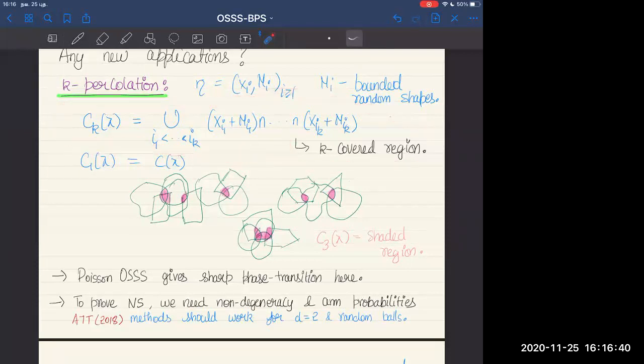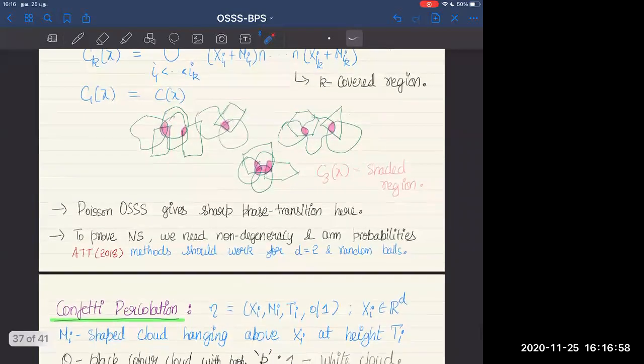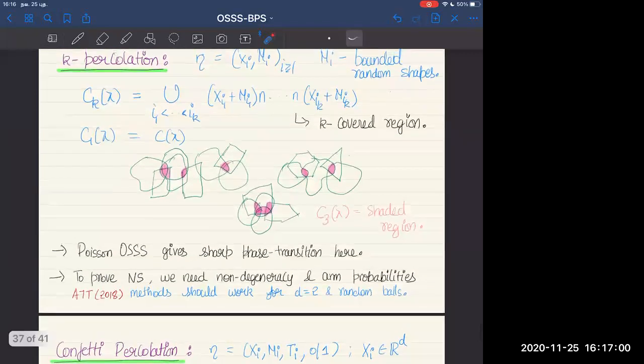Here, look at regions covered by 3 shapes. I can ask the same question, whether you get a sharp phase transition like OSSS. Yes, you can do it. You can apply OSSS, but non-degeneracy and arm probabilities one has to prove.